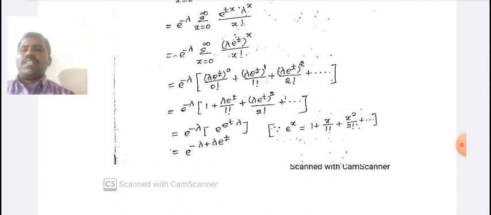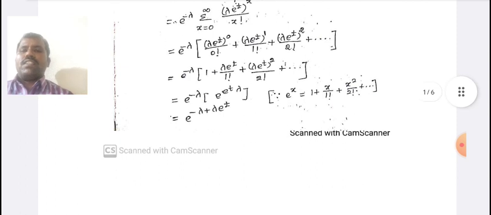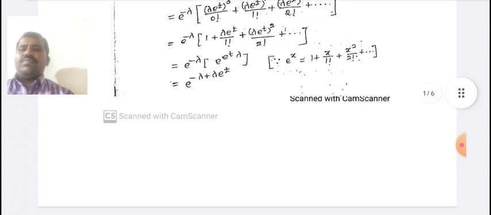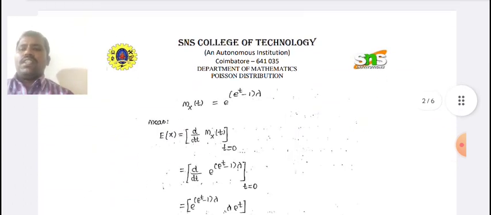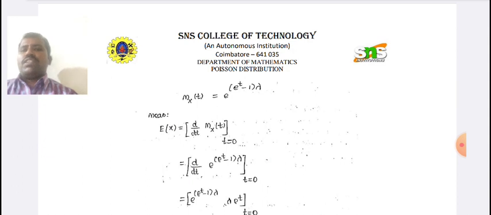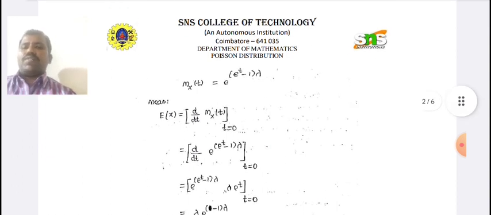Therefore, e power minus lambda into 1 plus lambda e power t divided by 1 factorial plus (lambda e power t) whole squared by 2 factorial plus, and so on, which is e power minus lambda into e power lambda e power t. Next, the moment generating function is e power lambda into (e power t minus 1).